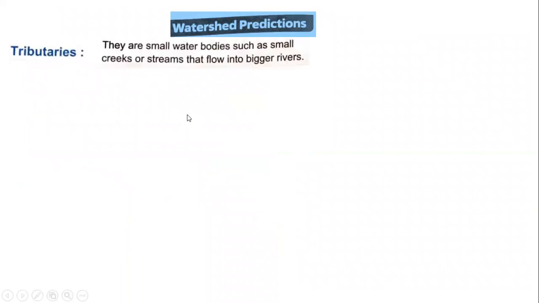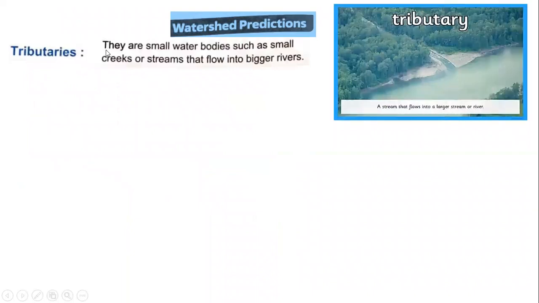Tributaries. So tributary, okay? In British and American English it is almost the same point: tributary. They are small water bodies such as small creeks or streams that flow into bigger rivers. عشان نفهمها بالعربي.